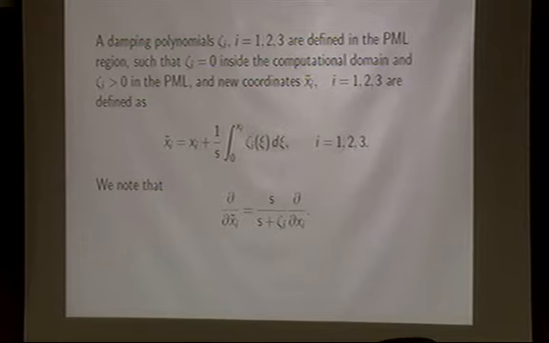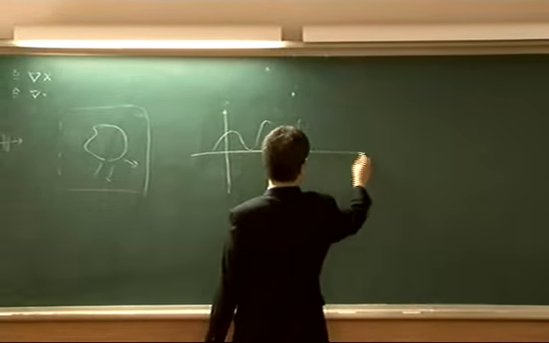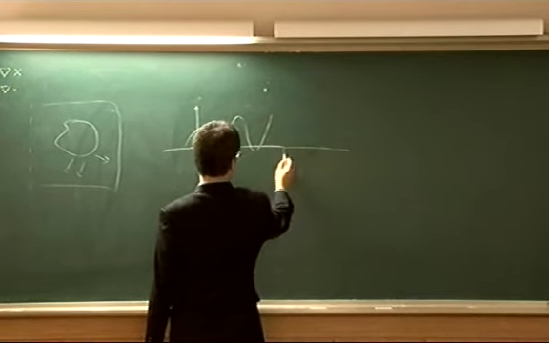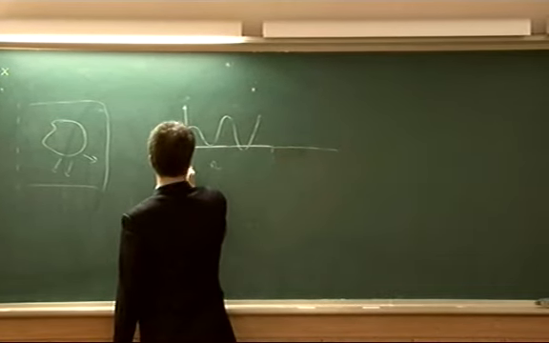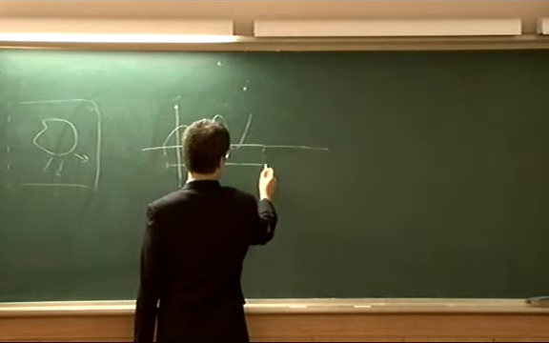So perhaps you can think much better in one dimension. For example, the wave propagates. So we put the absorbing boundary layers here, for example. Our computational domain is here, omega.